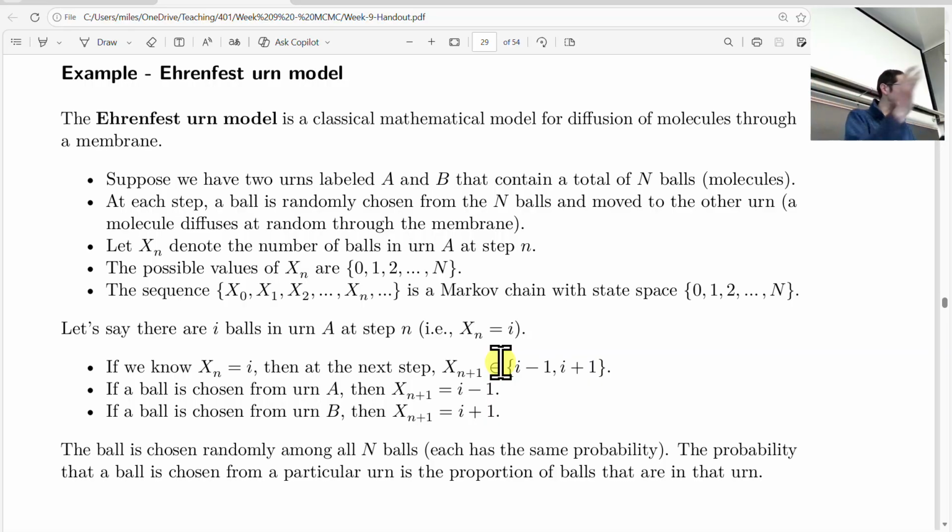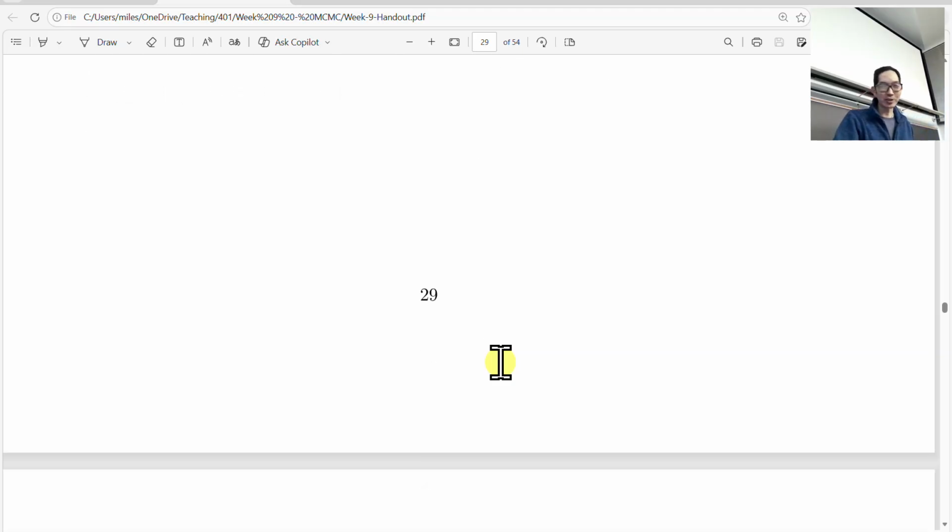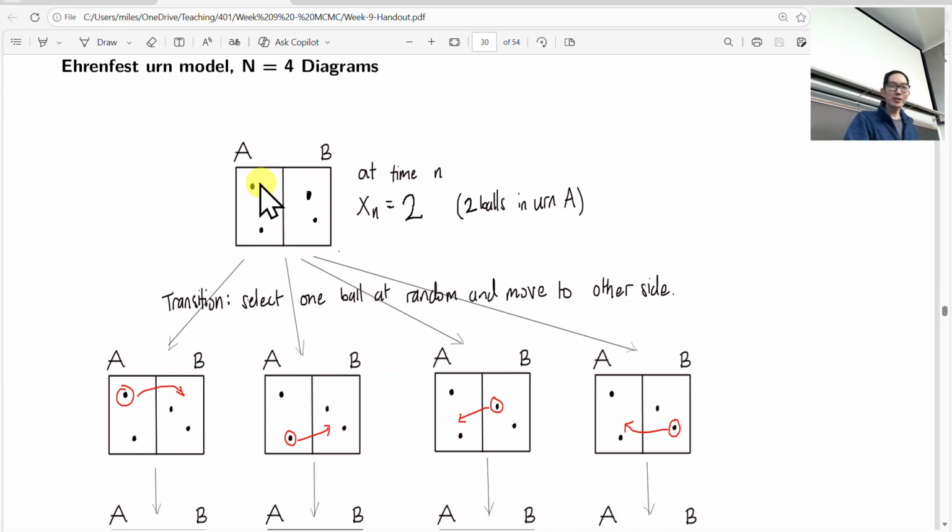Imagine we have 2 molecules on one side and 2 molecules on the other, and we pick one of these molecules at random and transfer it to the other side.